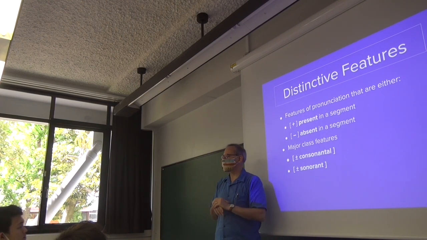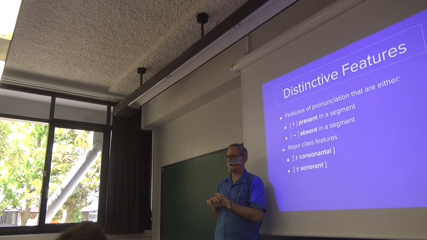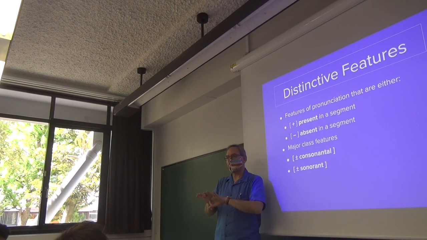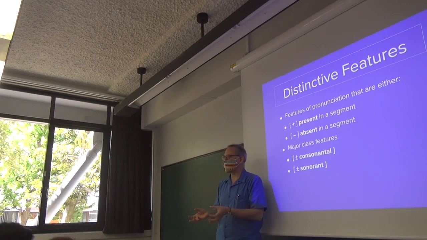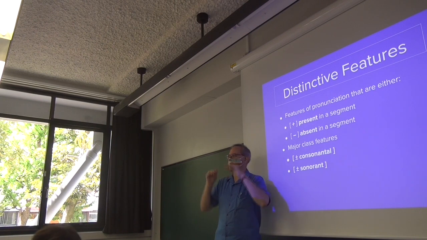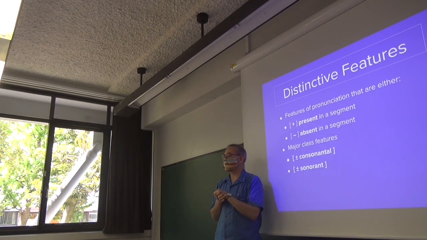If it's plus sonorant, it would be a sonorant segment. Could be a vowel, a glide, a liquid, or a nasal. But obstruents are minus sonorant. Obstruents do not have sonority, so they're minus sonorant. All the other segment classes are plus sonorant.